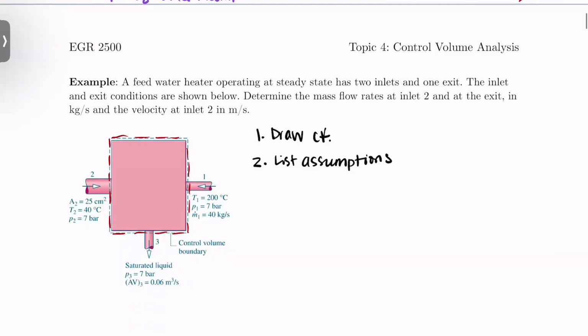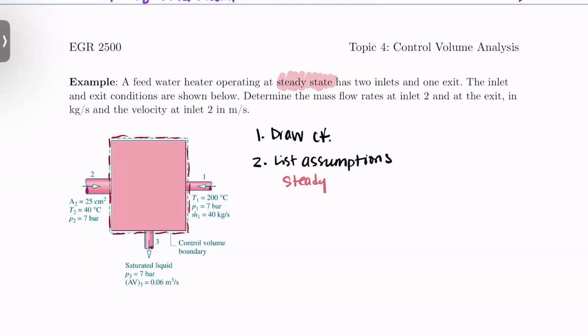Okay, does anybody spy anything in the problem statement that we might use as an assumption? Yeah, we have steady state again, so that's great. And that is really the only assumption that we can make at the moment, okay?